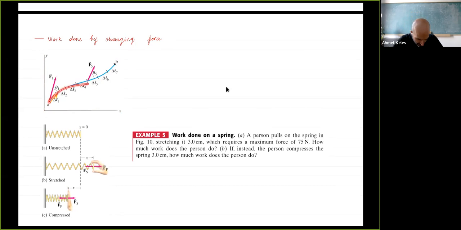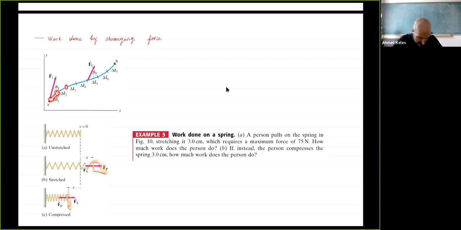So in the xy plane, this object moves, and we assume the force is changing, it's not constant. There's some force here, some other force here, another force here, and we would like to calculate the net work done by this changing force. It's easy to do. We think of dividing this whole path into little chunks, and we assume in each little piece the force is approximately constant.